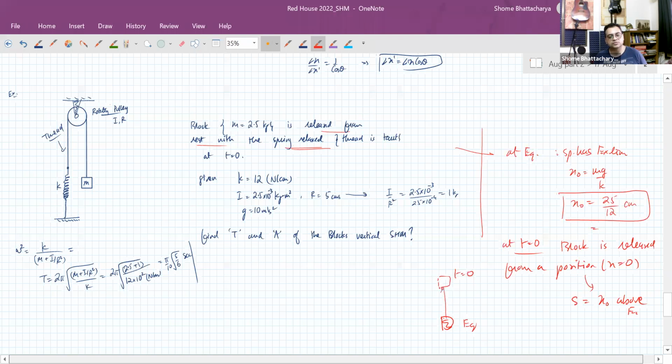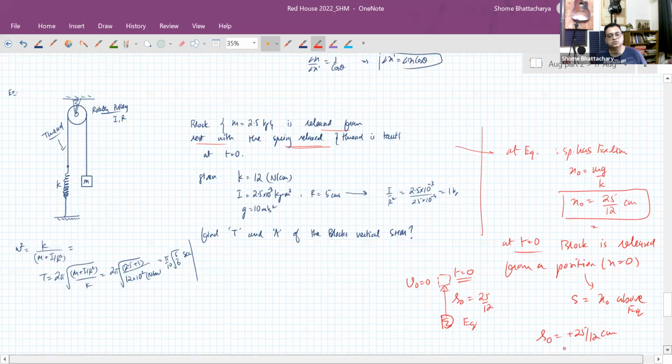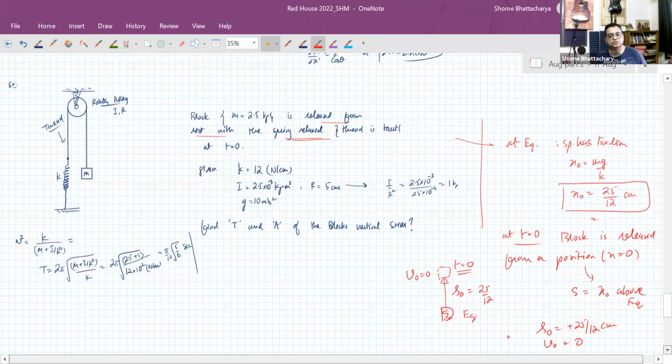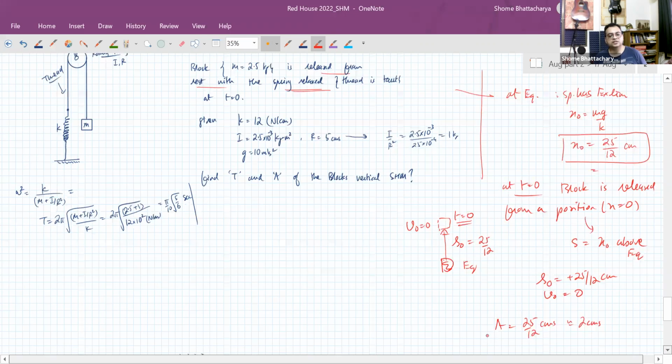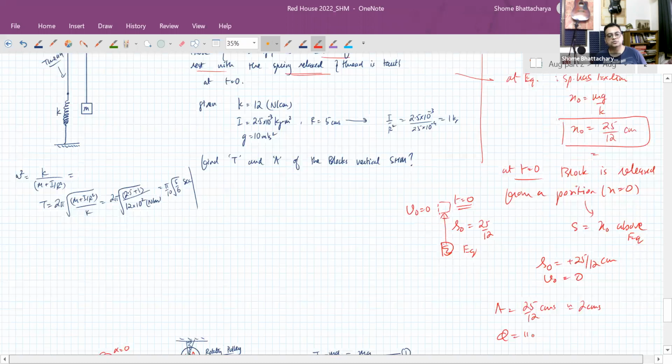The block is released from this displacement s naught, which is actually your 25 by 12, and initial velocity is 0. So this is where it is released from. So s naught is equal to plus 25 by 12 centimeters, and v naught is 0. So from this you can see that your amplitude will become that value, 25 by 12 centimeters, nearly 2 centimeters or something, and your phase constant will be pi by 2.